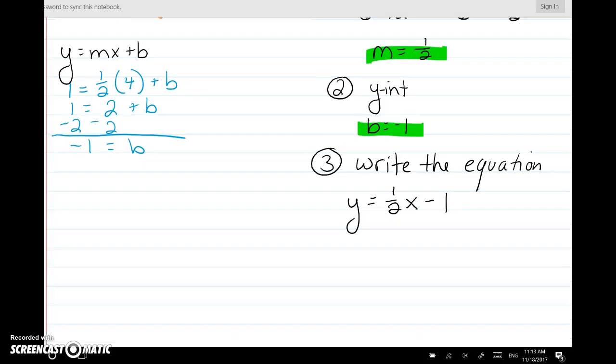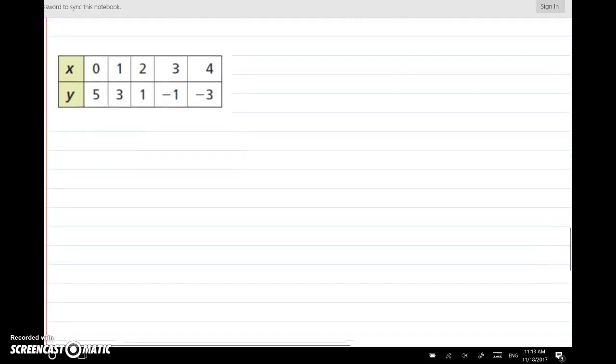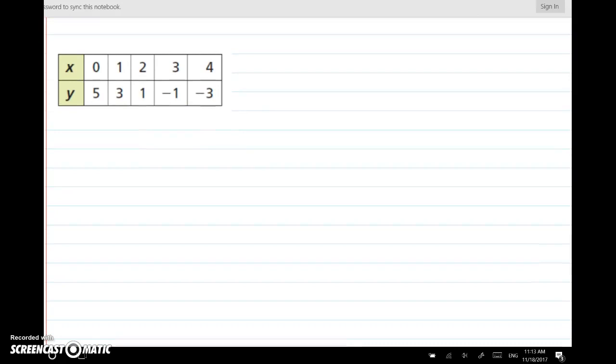Okay, let's give you some practice problems. Here's your first chart. Go ahead. Find the equation of the line for these points. Put the equation in the answer box when it appears.